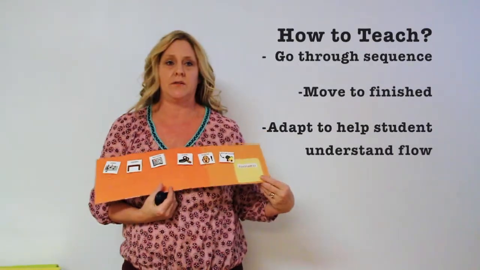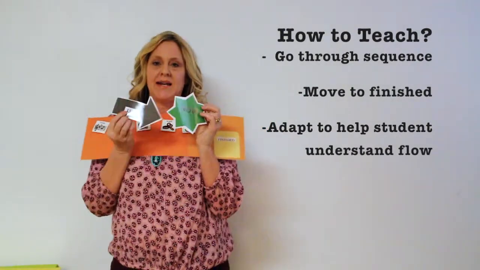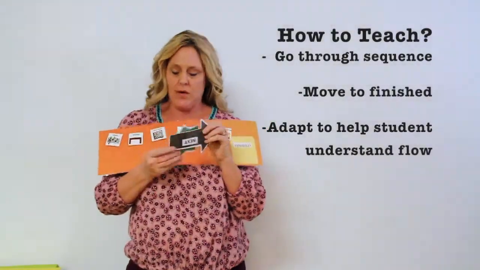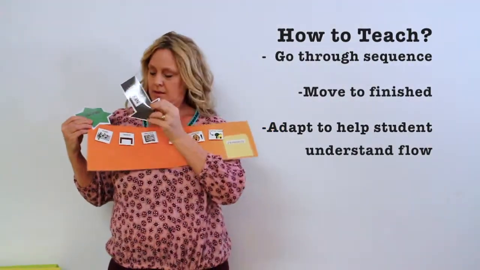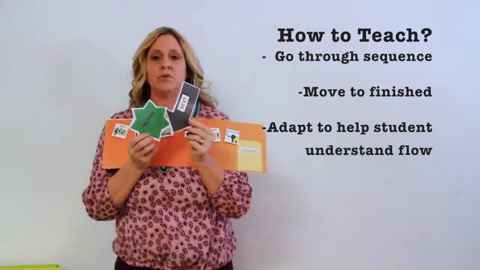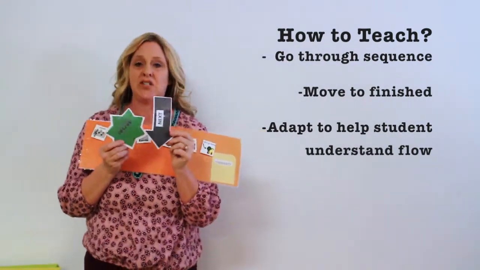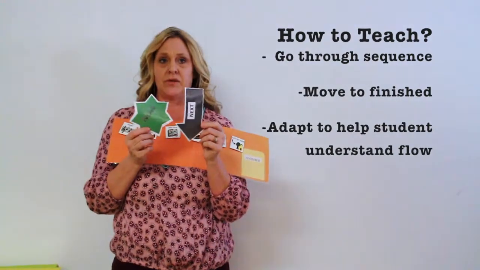They take the card off and move it over here into their finished pocket. What we have here is a now card and a next card. So now we're going to be working with music, then next we're going to go to centers. These serve as a very important tool because it may help with that transition for them to go see their schedule, and I'm going to talk a little bit more about how to introduce the schedule.